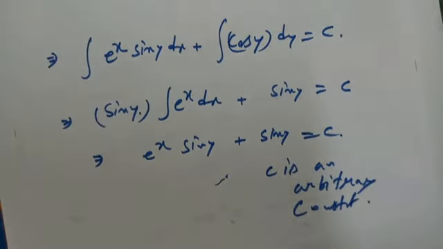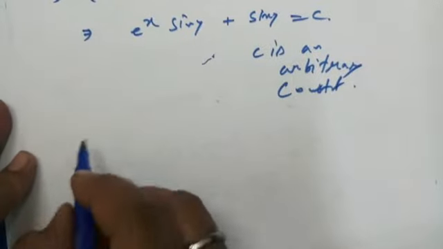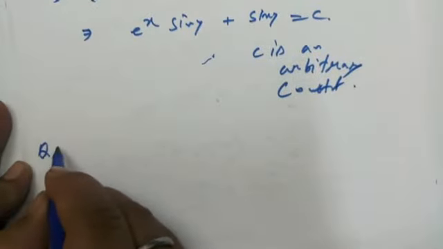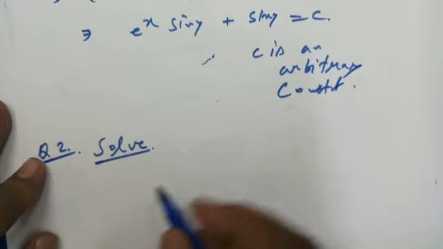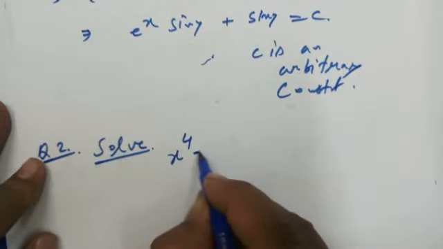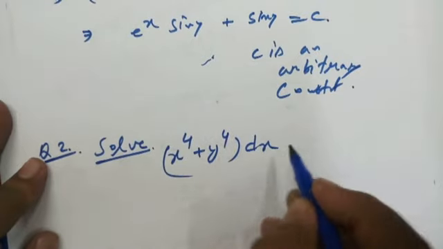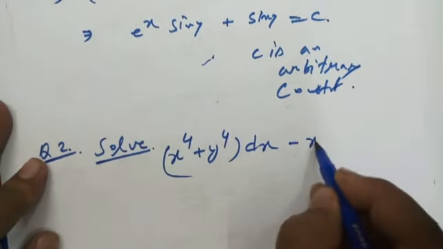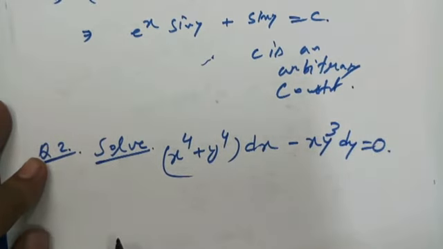Okay, next move to question number 2. Question number 2 is: solve x power 4 y power 4 dx minus x y cube dy equals 0.